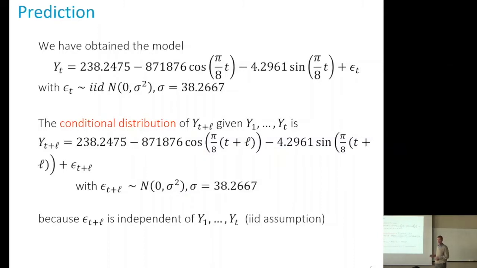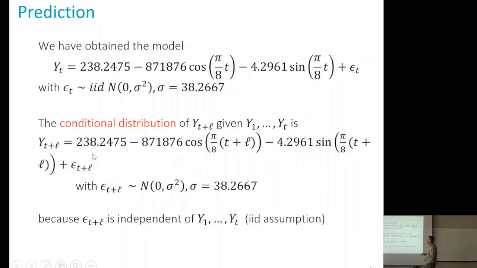So in terms of conditional distribution, I can say the distribution of y_{t+L} is the same as if I would write this thing here, with the distribution of epsilon_{t+L} still the same. And this is because of the IID assumption I made. So that is the first step, which is easy once we know how to take those concepts.